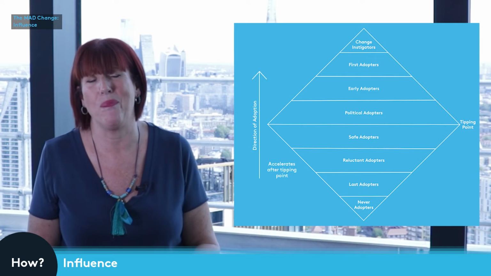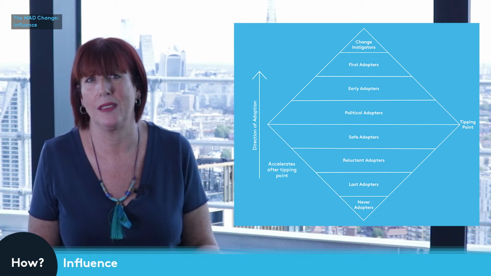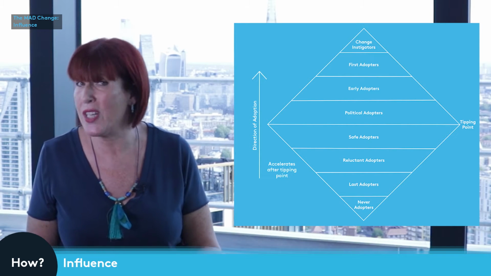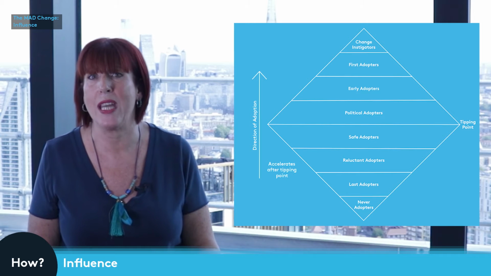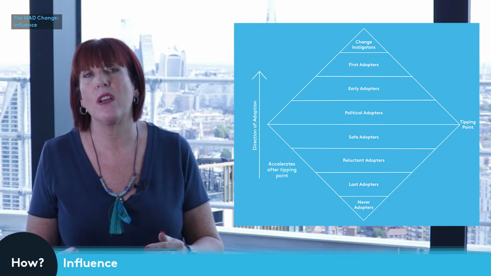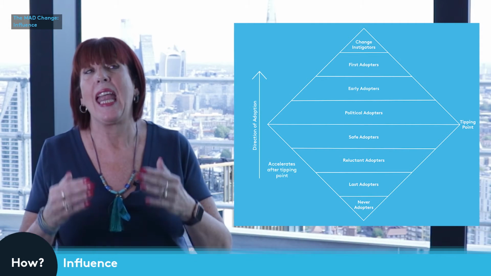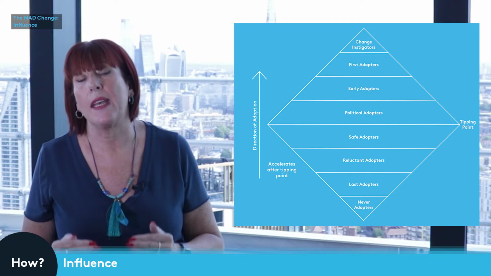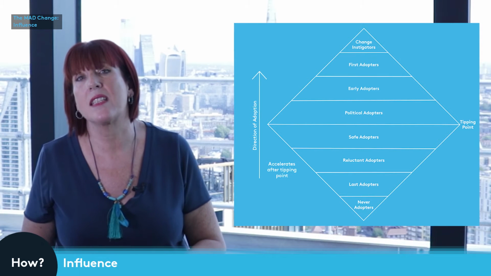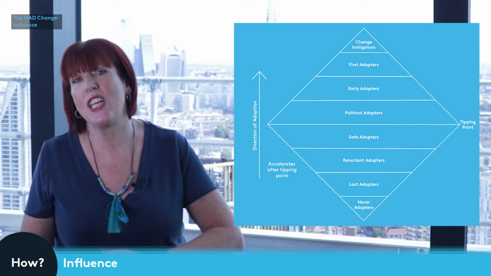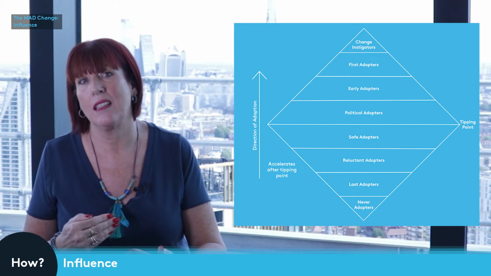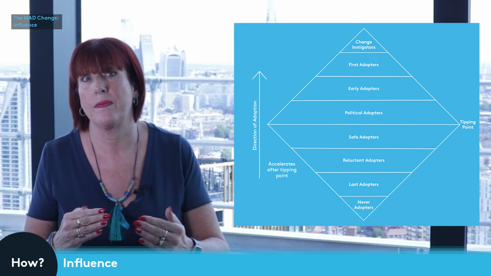We like working with them. They're easy to work with. But actually, as you can see from the model that we've put up on screen, each level of adoption influences and impacts the next level. And so it actually is a cascade, but upwards.